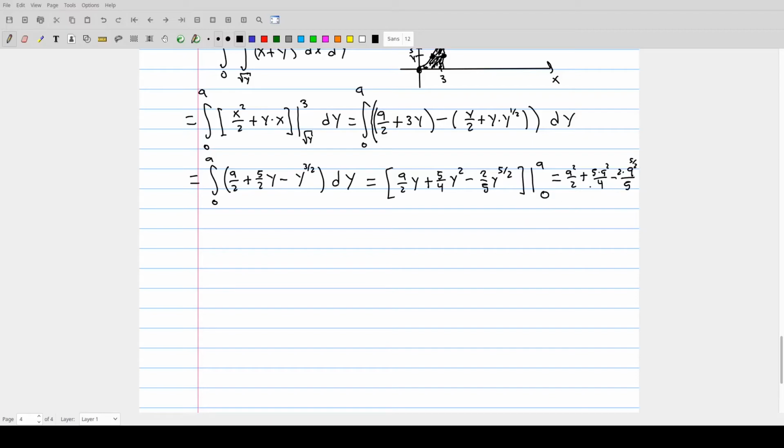And you can take this arithmetically, it simplifies down to 891 over 20, which is 44.55. So this is the value of this double integral.